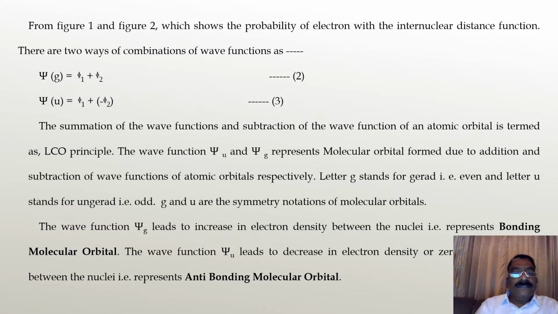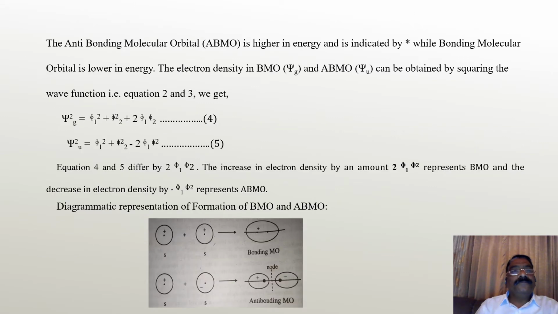The wave function psi g leads to an increase in electron density between the nuclei, that is, it represents the bonding molecular orbital. The wave function psi u leads to a decrease in electron density or zero electron density between the nuclei, that is, it represents the antibonding molecular orbital.